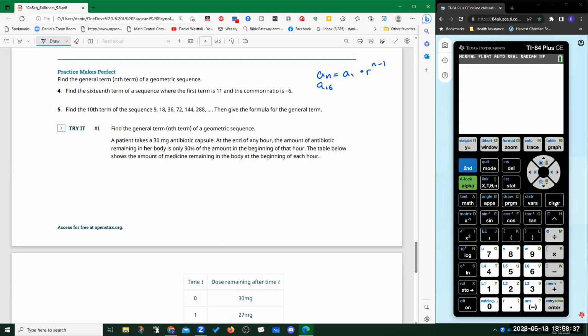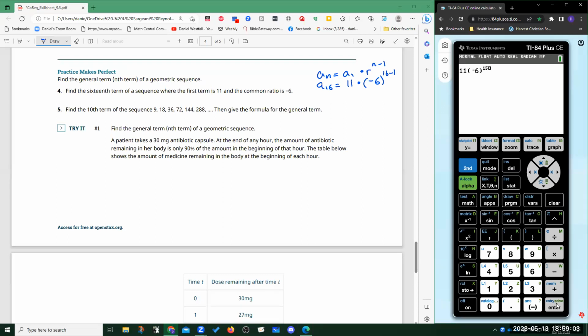So a_16 is going to be 11 times -6 to the 16 minus 1. Definitely going to let my calculator do this one for me. 11 times -6 raised to the 15th power.